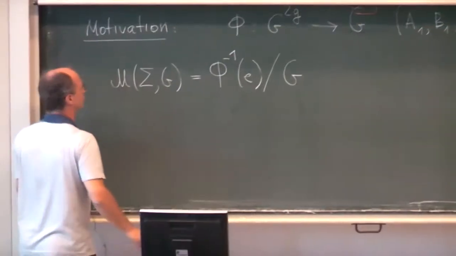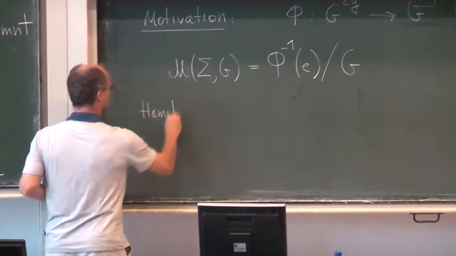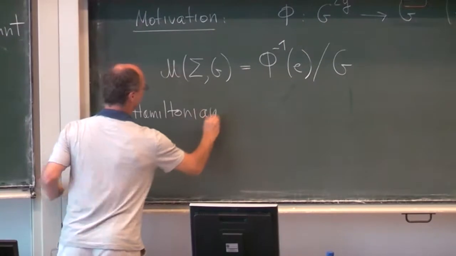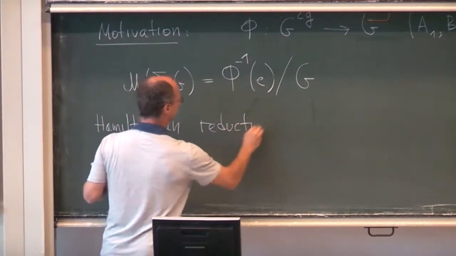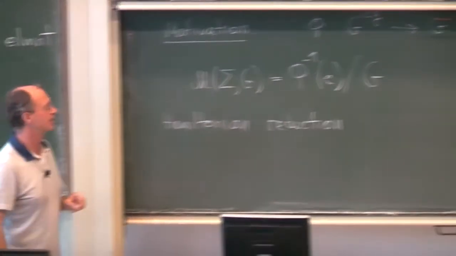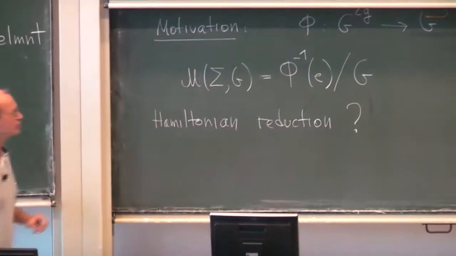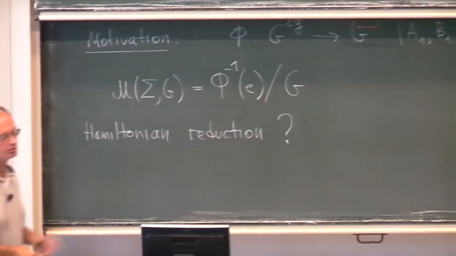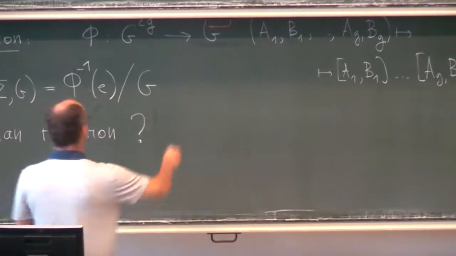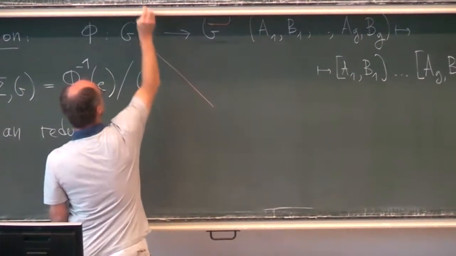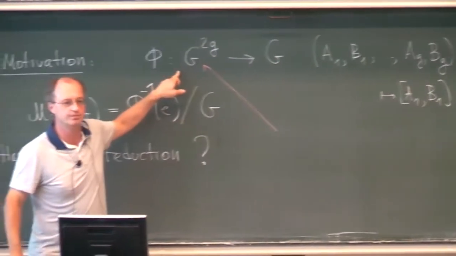For quite a while, people saw that this looks very similar to a Hamiltonian reduction, to the picture that we saw in the first lecture. Unfortunately, or fortunately, this idea doesn't work directly. Why is that? Then the space from which we would reduce would be the space G to the power 2g.